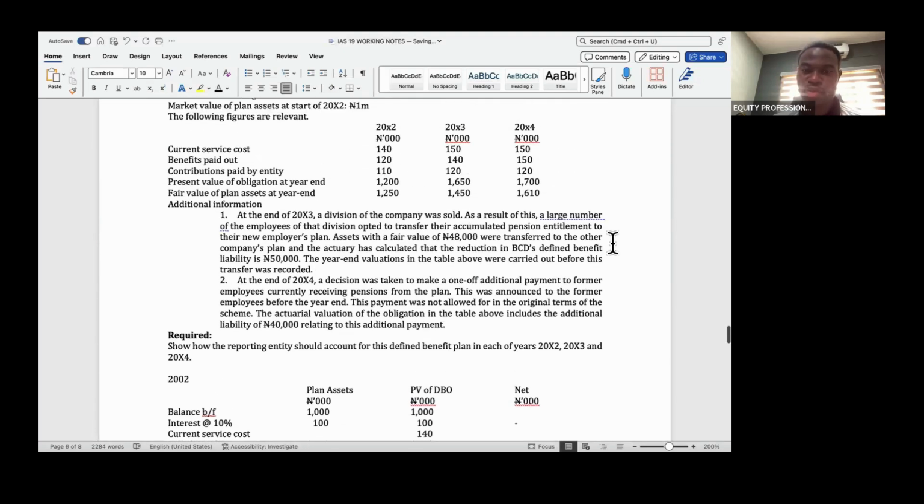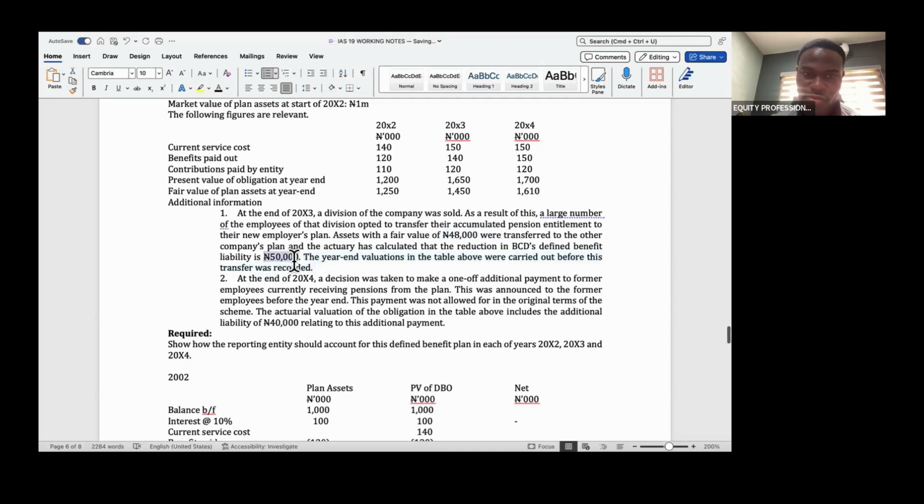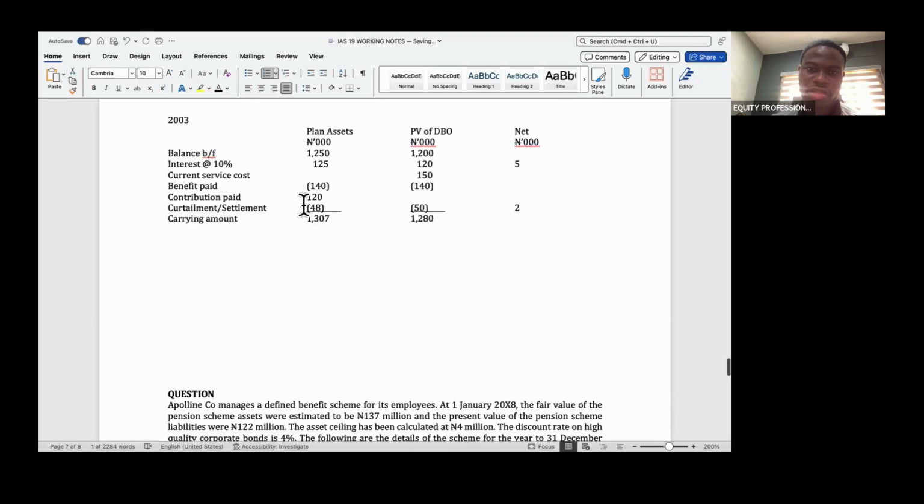Now, there's something most of you might omit in the exam. They said the year-end valuations in the table above were carried out before this transfer was recorded, meaning in year 3. And this transfer they are talking about is this 48 and 50 that we deducted in determining this carrying amount.